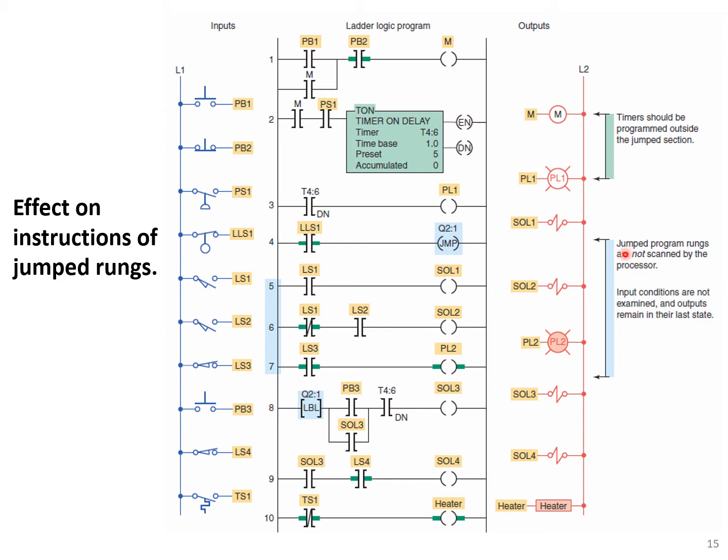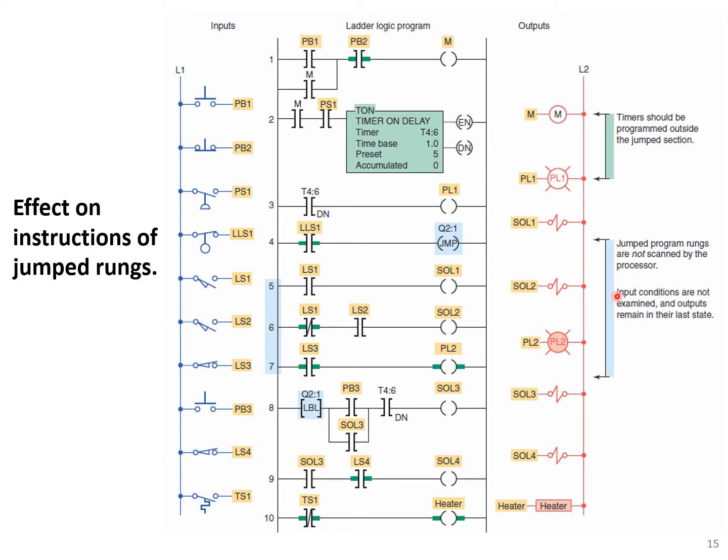Here, the jumped rungs are not scanned by the processor, input conditions are not examined, and the outputs remain in the last position. These are the outputs between rungs 5, 6, 7: solenoid 1, solenoid 2, and pilot light 2.